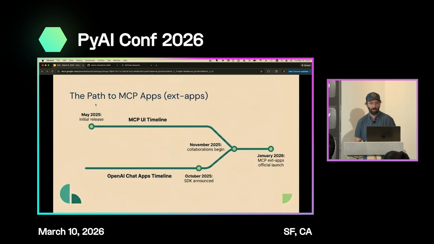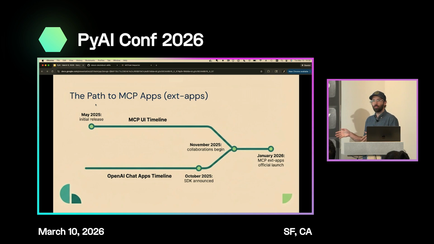Okay, a little bit of history I wanted to give about this for folks. There's really a convergence of two different pieces of technology that folks were working on. MCP UI, which really started sometime, I think the first release was May of 2025, last year. And OpenAI had released something called the chat apps SDK. They actually released a product that was exactly nailed at this. And things like MCP UI were being supported in Goose, and OpenAI chat apps was really specific to ChatGPT.